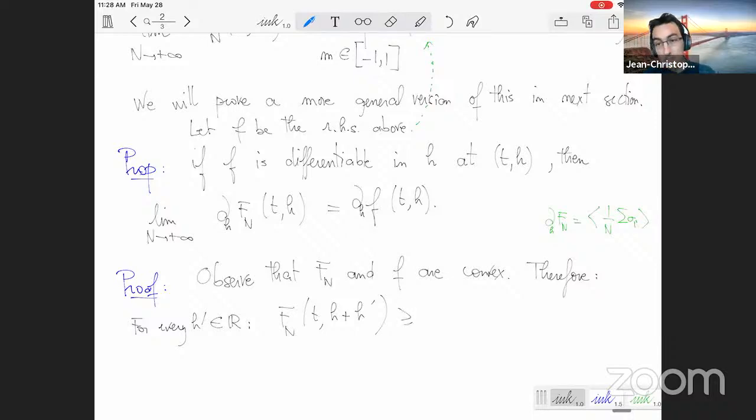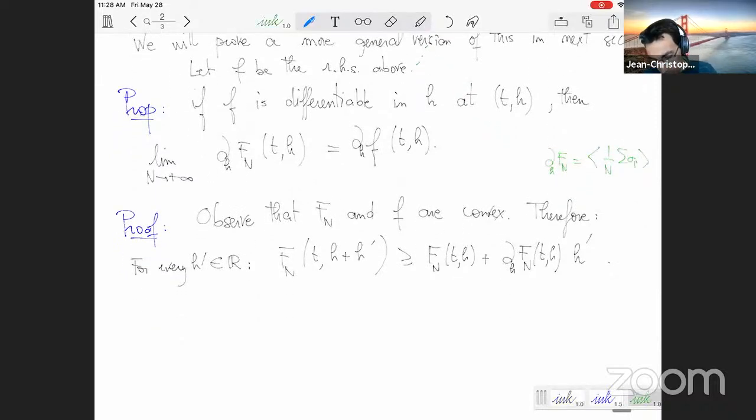Because of convexity, this is always larger than the tangent at h, which is Fn of th plus the derivative of Fn times h prime. This is by convexity.